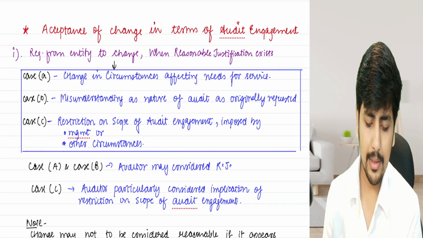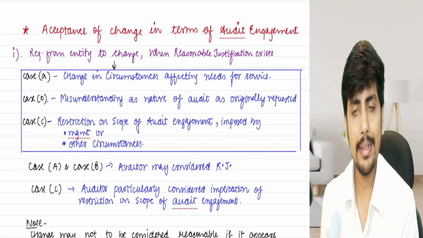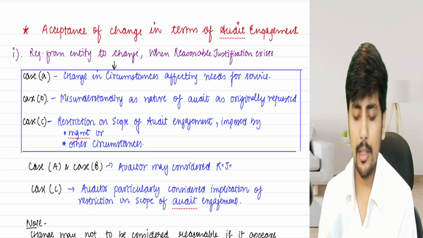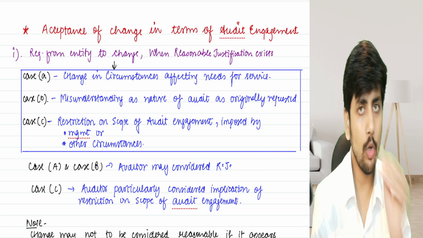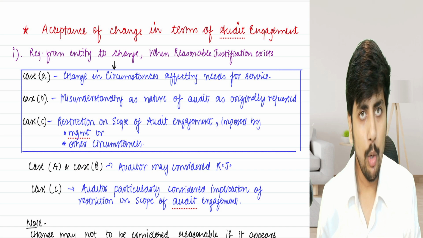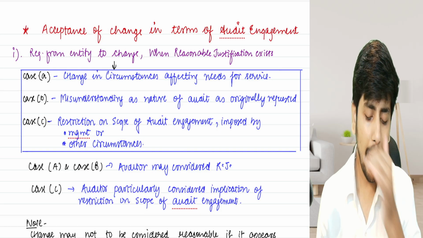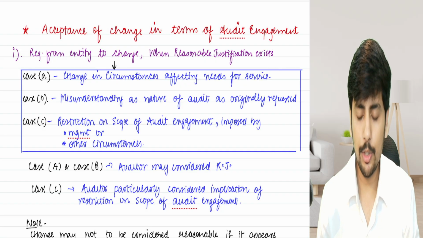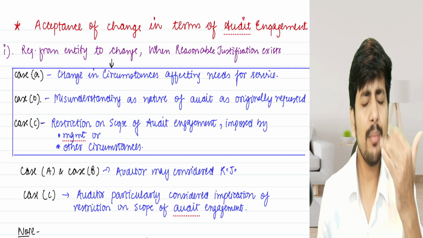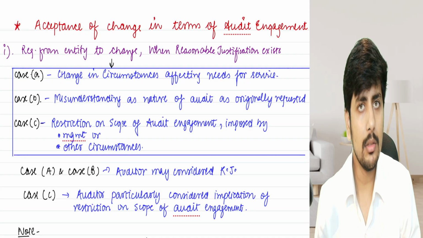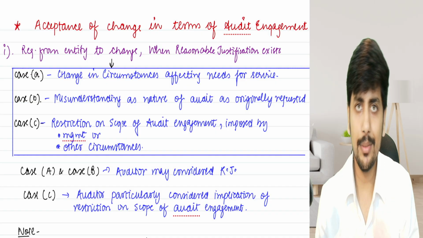Now let's come to the major portion of this standard, and very important: acceptance of change in terms of audit engagement. Focus. Very important, and this question can be asked in your exam directly. There may be some circumstances when management requests the auditor to change terms of audit engagement.